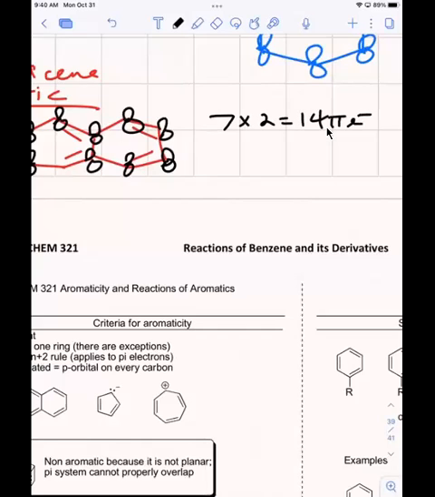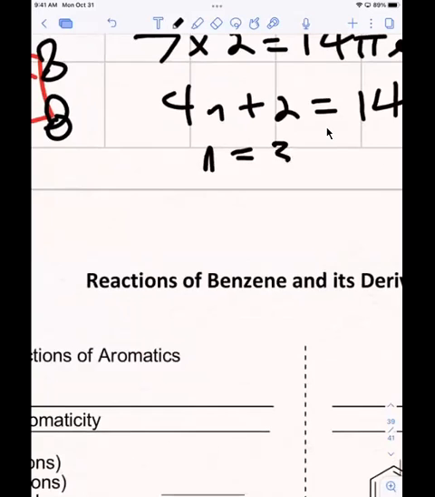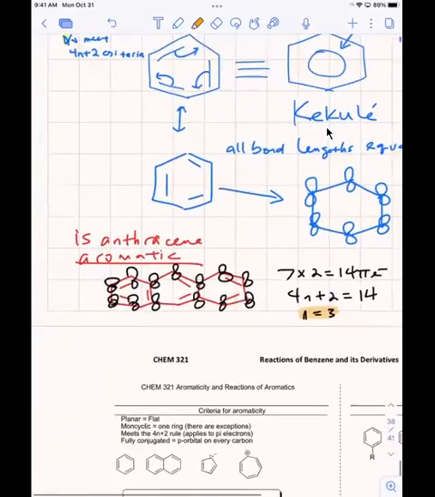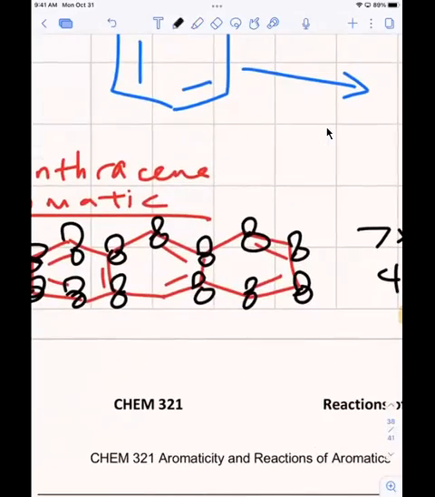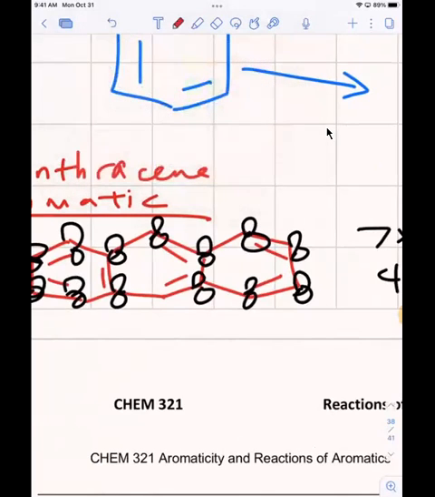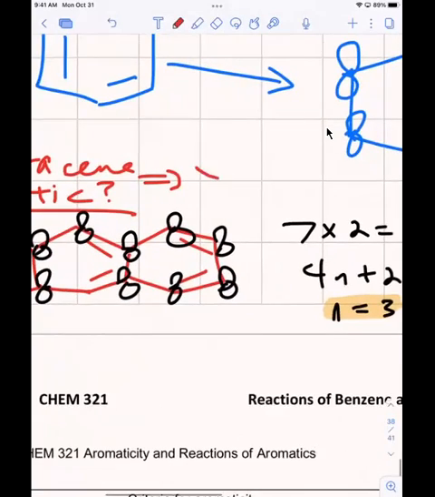So 14 pi electrons, and if we say 4n plus 2 is 14, n is going to be what? 3. Yep. So it meets all your criteria. It meets the 4n plus 2 rule. It meets the planarity rule. It's not monocyclic, but it's an exception. And it's fully conjugated.